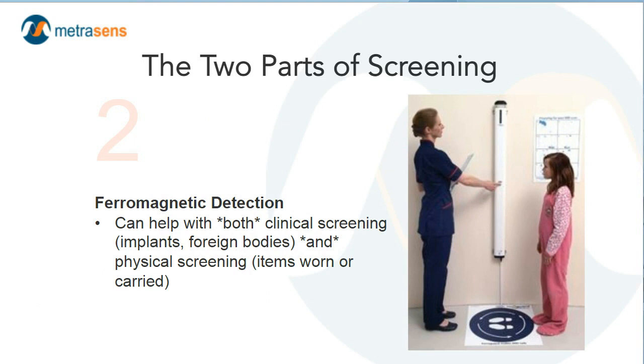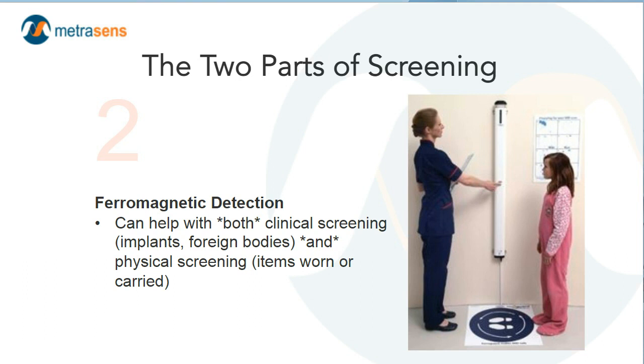Ferromagnetic detection has value not only in the worn or carried material, our sort of physical screening, but there is an increasing body of evidence, published literature, that talks about the ability to identify some implants and devices, or identify the presence of some implants and devices. So the ferromagnetic detection systems do double duty in terms of reinforcing both the clinical screening piece and the physical screening piece for everyone entering the MR controlled access area.